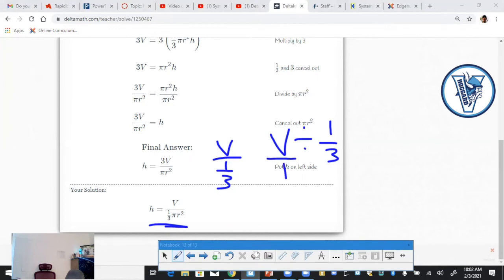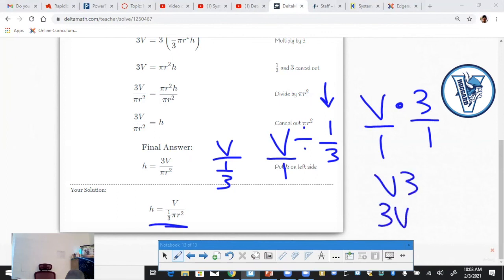We would probably make them both fractions, and you would keep dot flip or keep change flip, depending on how your teacher taught you that. So it was v times, or v over 1 times 3 over 1, because you flipped that one over. And of course that equals v times 3, which is the same as 3 times v. So just this little portion of it is exactly the same thing as that.